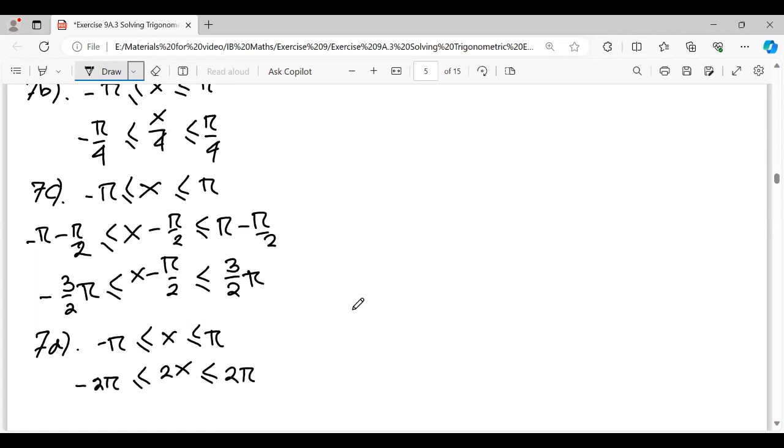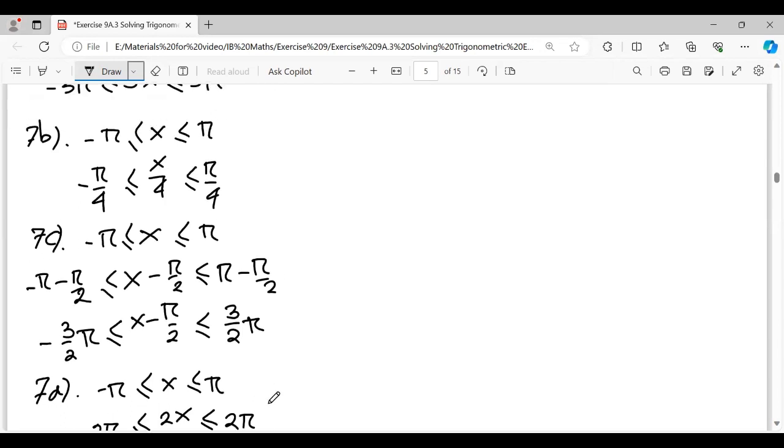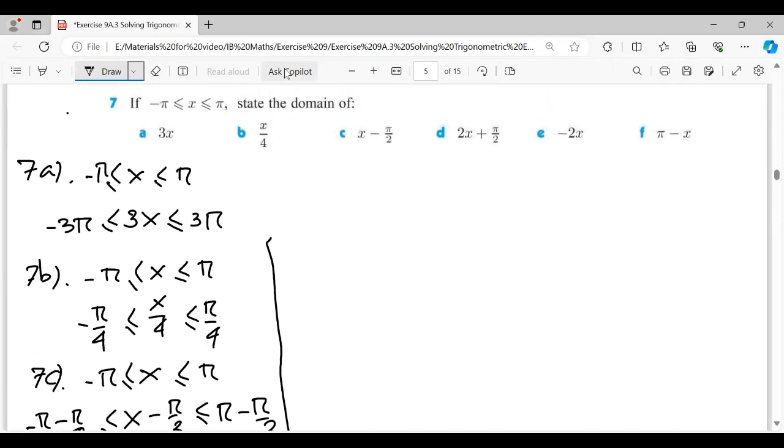Yeah. I'm going to move into this space. Okay, just now like this. Negative 2 pi, 2 pi. Okay. That is number 7D.